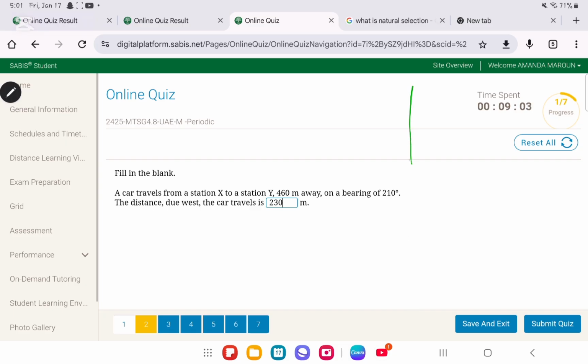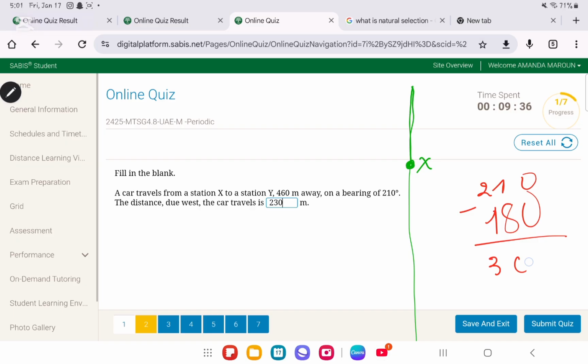I think I drew it too big. Over here is ship X, okay? Let us just draw it as one straight line. Now, it travels a distance from X to Y, 460 meters away on a bearing of 210. Instead of doing 360 minus 210, since x is a straight line, you can do 210 minus 180 to directly get 30 degrees.